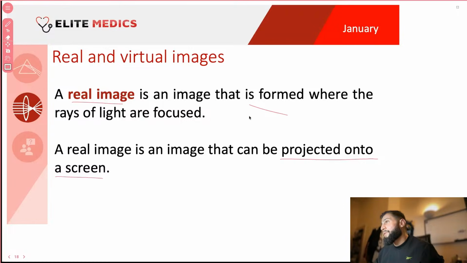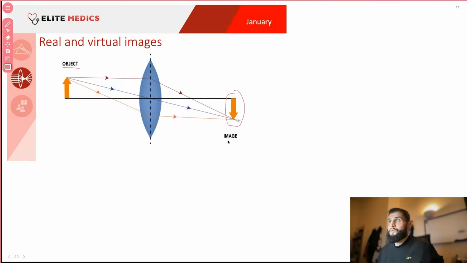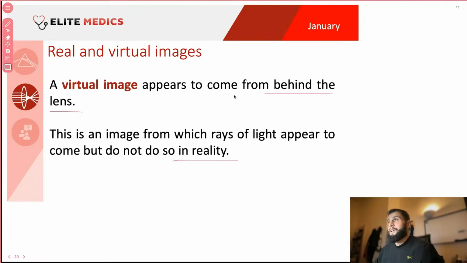They're focused in one specific area. They can shine in one specific area. So a real image is an image that can be projected on a screen. That's also true. So the rays of light are focused. That is what a real image is. Now, a virtual image appears to come from behind the lens.